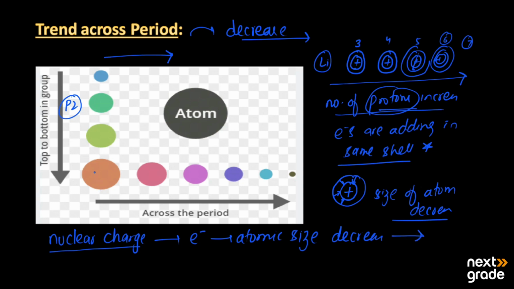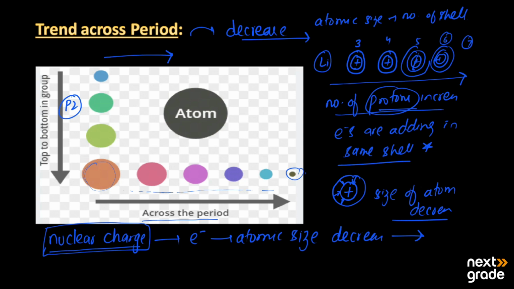Likewise, in this picture you can see that here the atomic size is bigger, but when we move from left to right, at the end the atomic size decreases, because across the period the main thing is the nuclear charge, and the nuclear charge increases. So there is a direct relation between atomic size and number of shells.